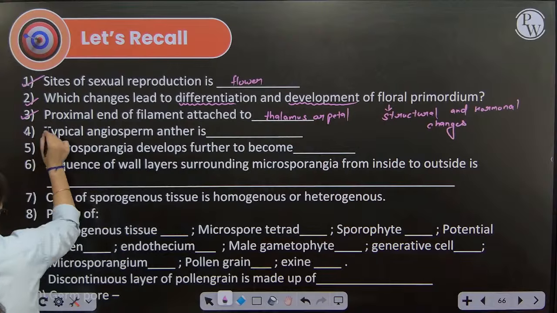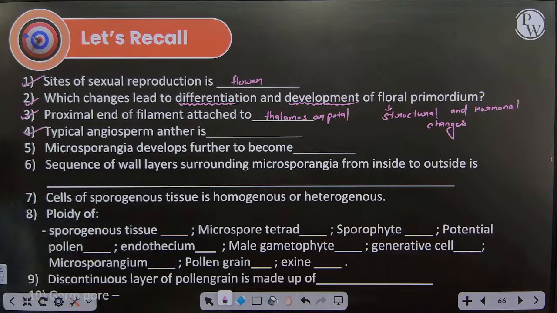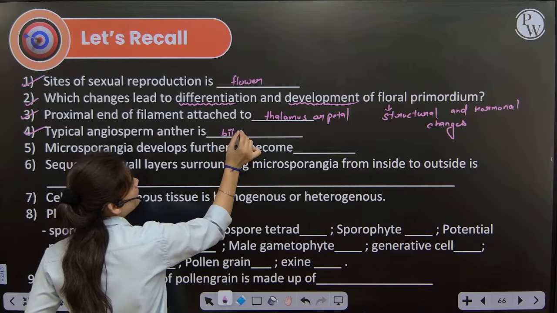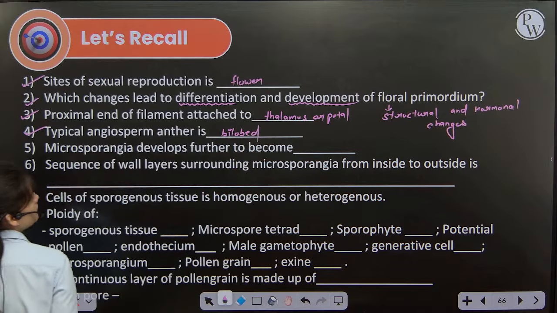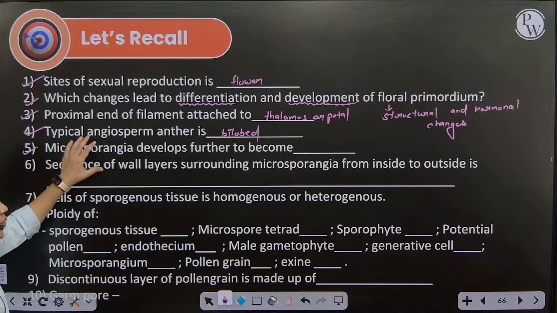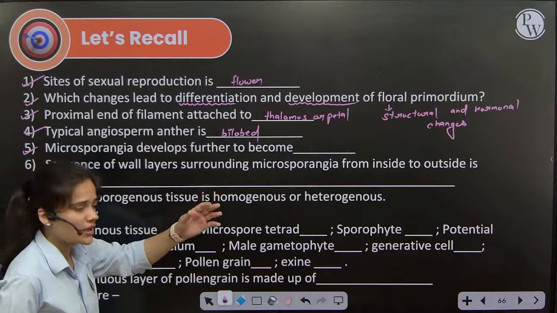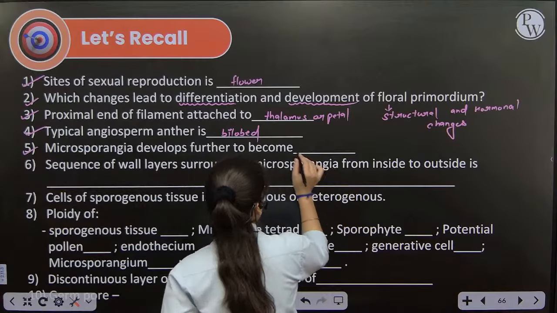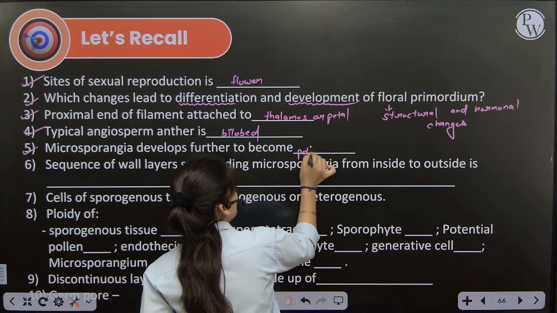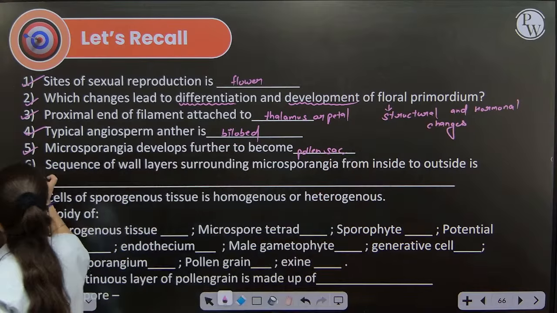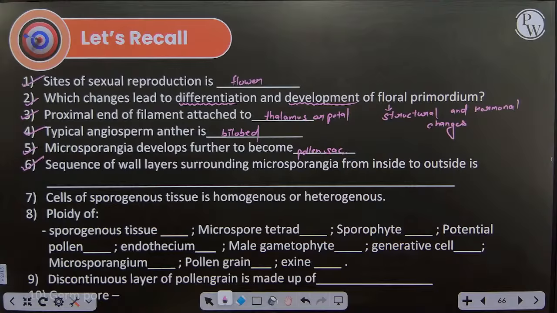Next, a typical angiosperm anther is bilobed. Microsporangia develop further to become what? They develop further to become pollen sacs, which contain lots of pollen grains. Next question.